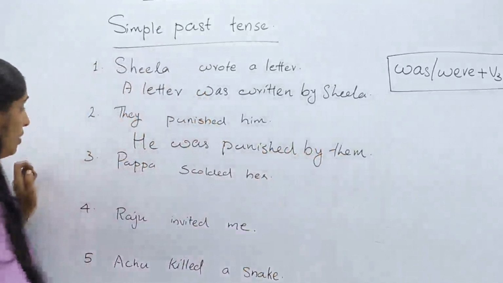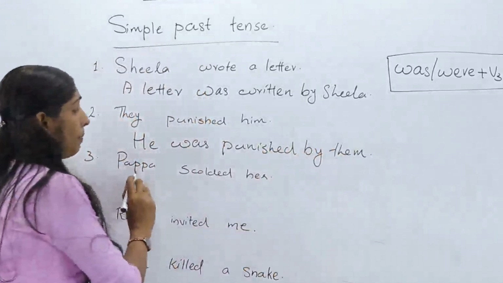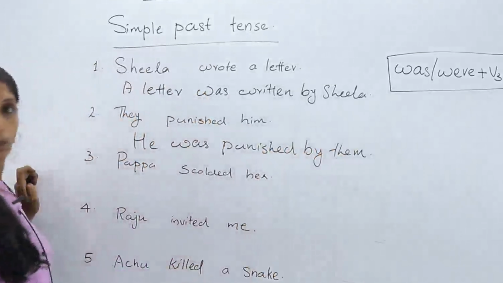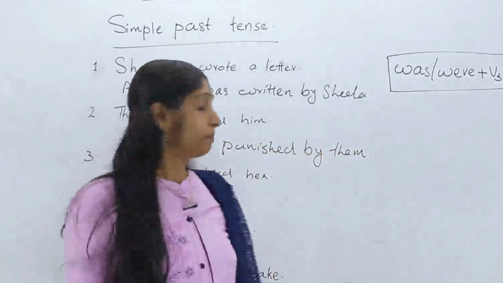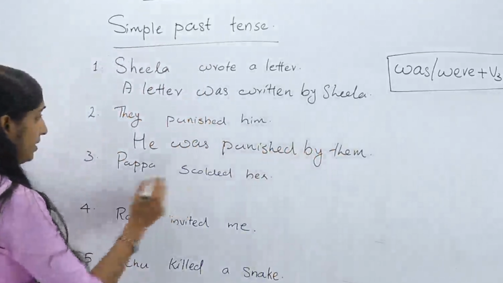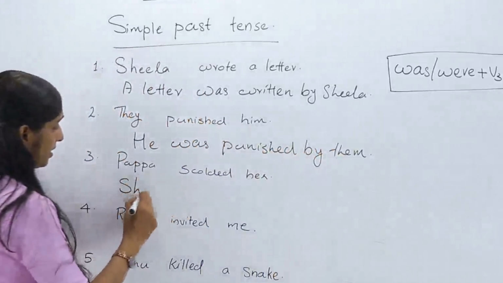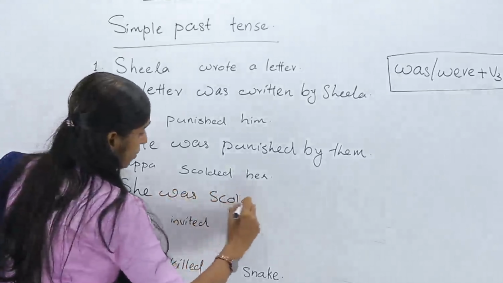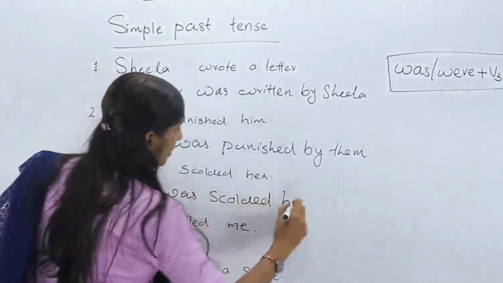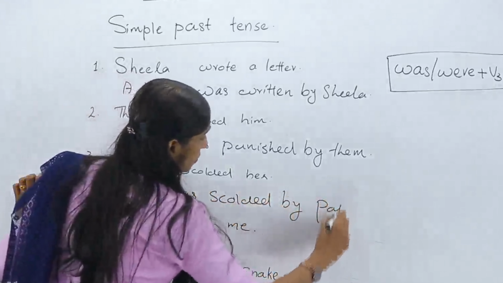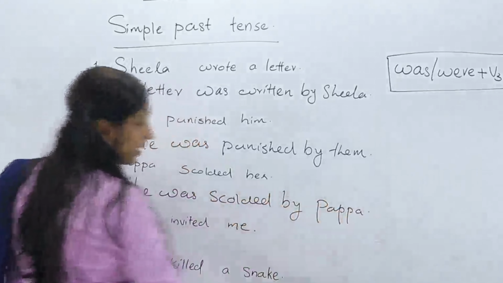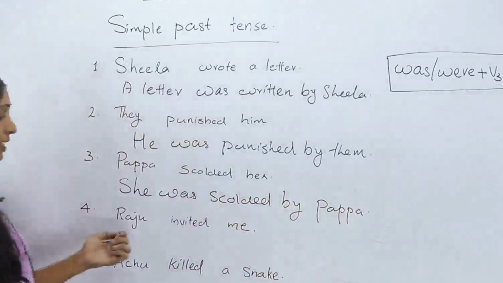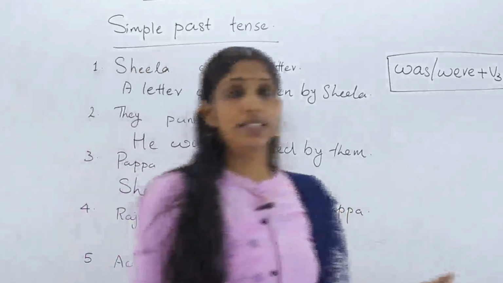Okay. Now, the third sentence, Papa scolded her. How do we write? She was scolded by Papa. Right? Now the fourth sentence.